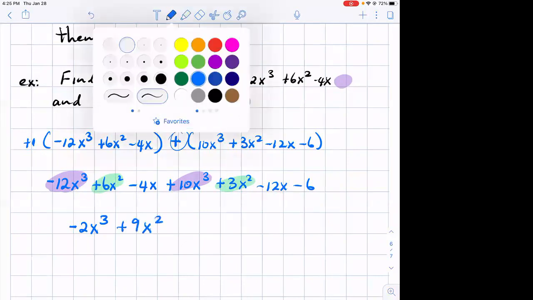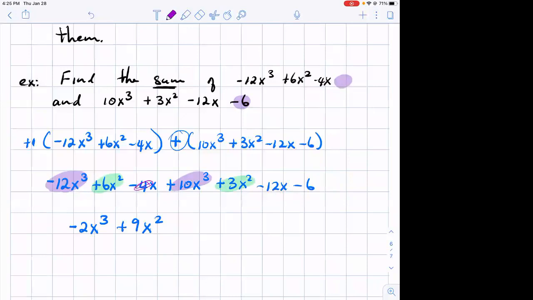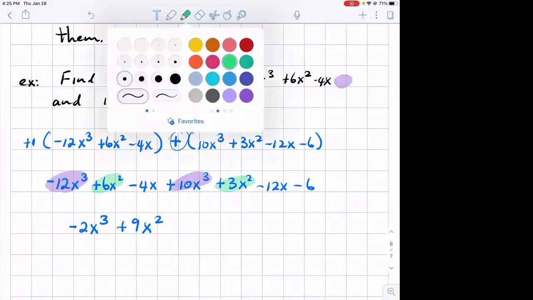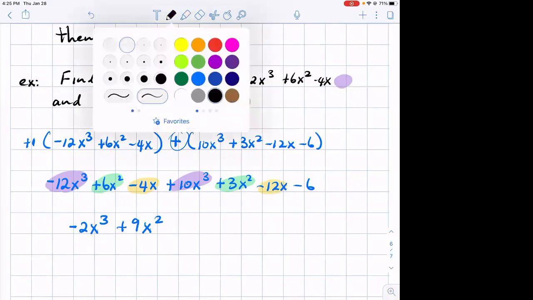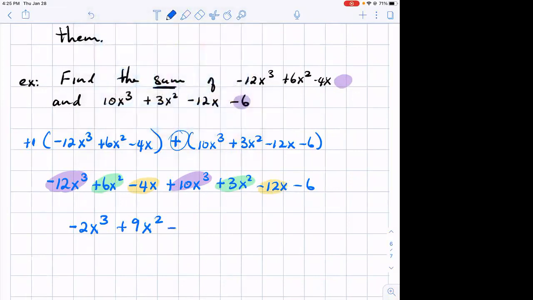And then we move down the line again. We have a minus 4x here and a minus 12x here, so that becomes minus 16x.